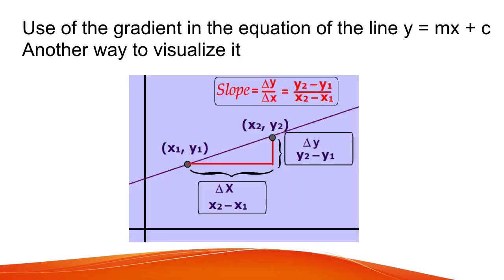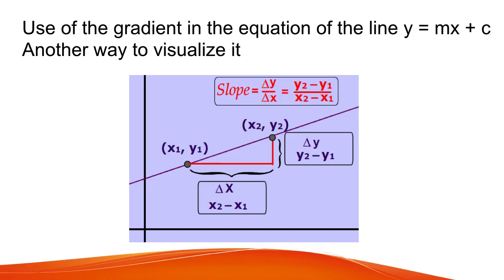Another way to visualize the gradient of a line is this way. Gradient or slope is the change in y over the change in x, which is y2 minus y1 over x2 minus x1. These are just dummy coordinates; they are any points on the straight line that you may be using at a certain point in time.